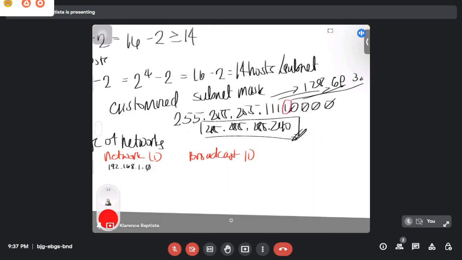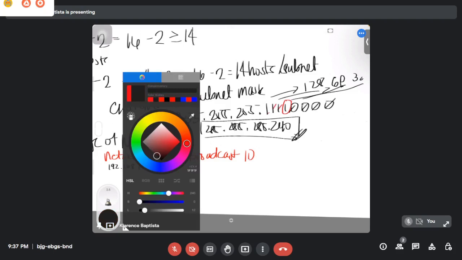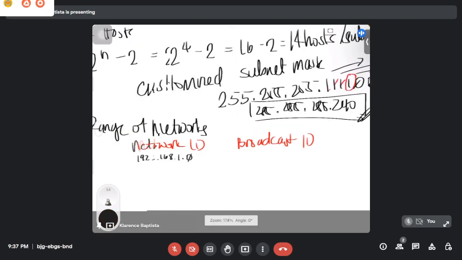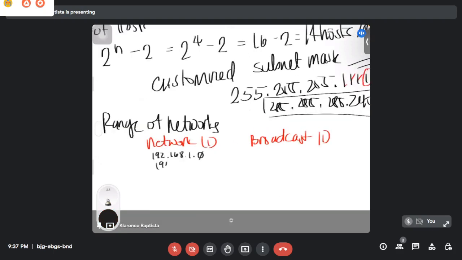So, this is equivalent to 16. Di ba? This is 128, 64, 32. Ayun po yung 16. So, ang magiging next network ID niya is 192.168.1.16. Okay? So, plus 16 lang tayo ng plus 16.